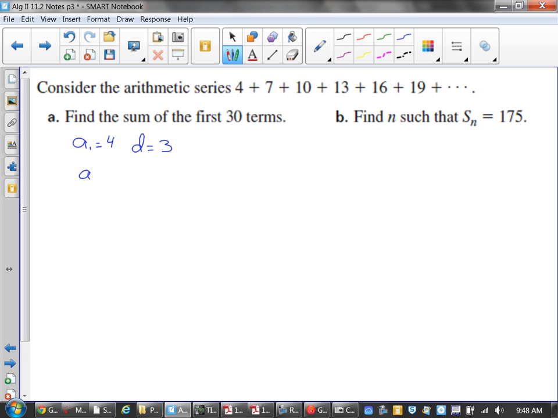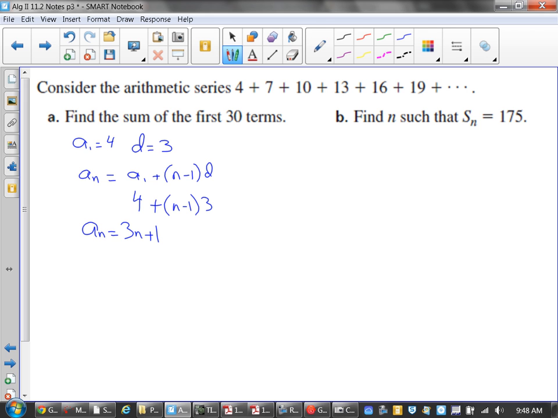That means our nth rule, when we substitute in those values, is 4 plus n minus 1 times 3. When I distribute that out and combine like terms, you should get 3n plus 1. Okay. So our nth rule in this case is 3n plus 1.